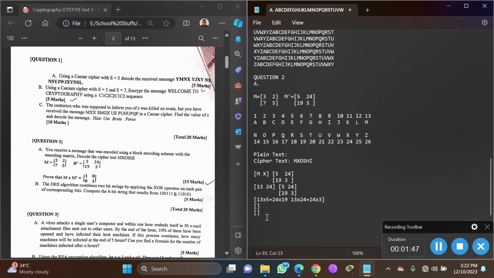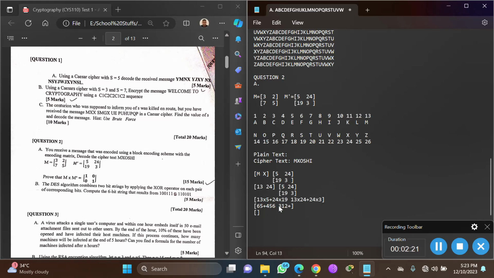Now here I'll use a calculator on my phone. So 13 times 5 we get 65. So I'll say 65, then plus we have 24 times 19. So we have 456. Then we leave a space. We have 13 times 24, which is 312.